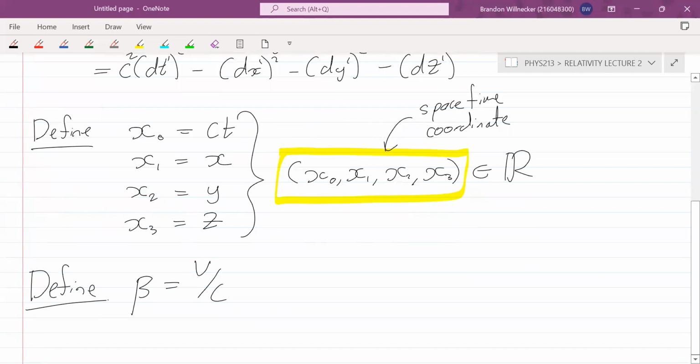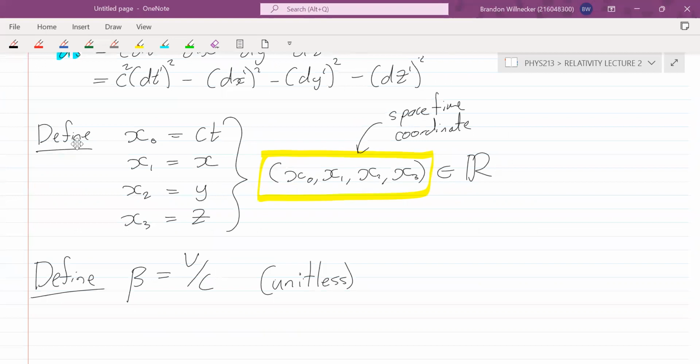So that's just two definitions that we make: redefining the labels for a space-time coordinate, and this new term beta, which is v over c. And just note v over c is unitless. We've got a speed at the top, speed at the bottom. The units cancel out and we just get a number, beta. So you can measure it in meters per second, kilometers per hour, you still get beta.